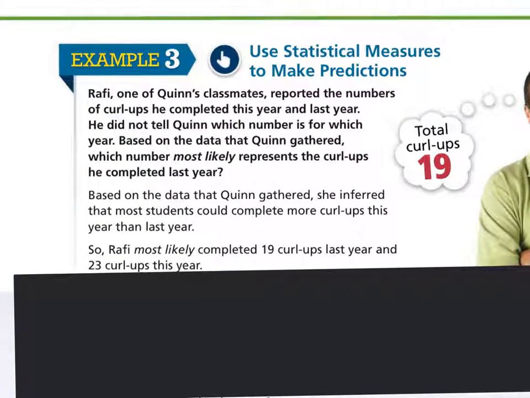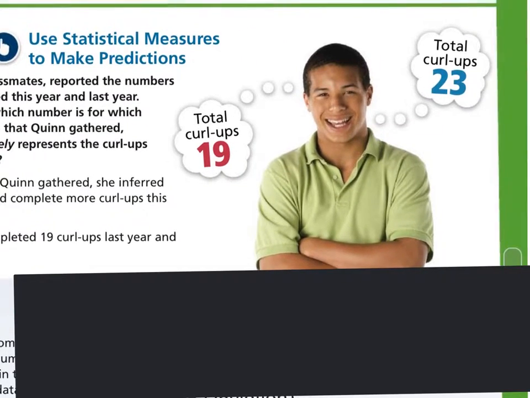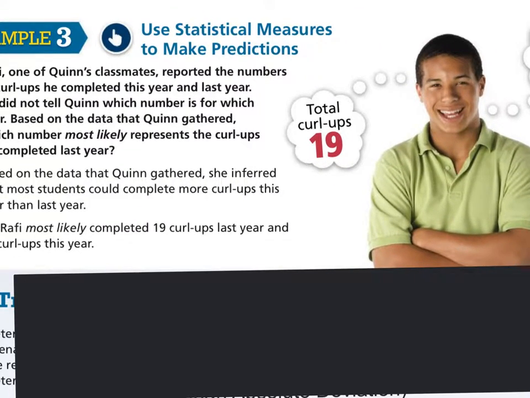Example 3, Rafi, one of Quinn's classmates, reported the numbers of curl-ups he completed this year and last year. He did not tell Quinn which number is for which year. Based on the data that Quinn gathered, which number most likely represents the curl-ups he completed last year? So 19 or 23 for last year.